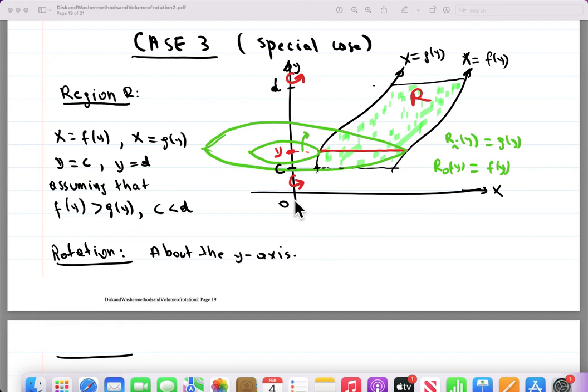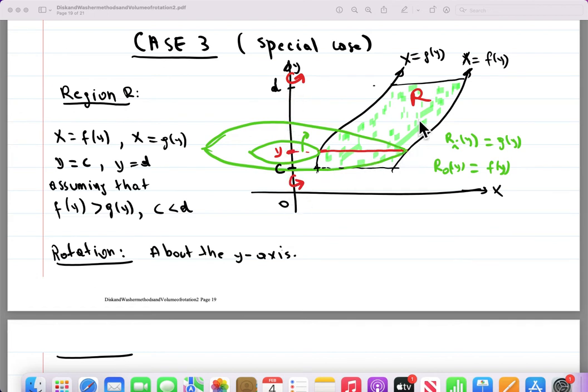The line of rotation for both disc and washer is always perpendicular to the cross-section line. That's why the cross-section line here has to be horizontal, because the line of rotation is already vertical.